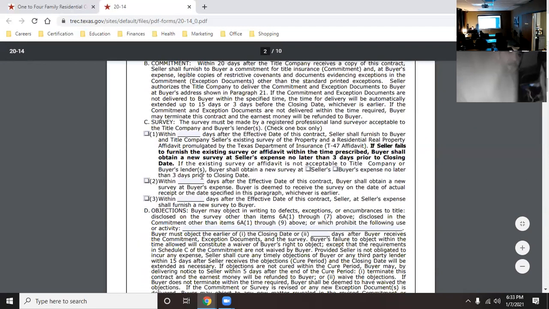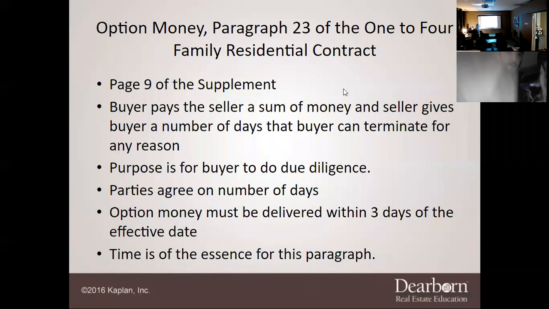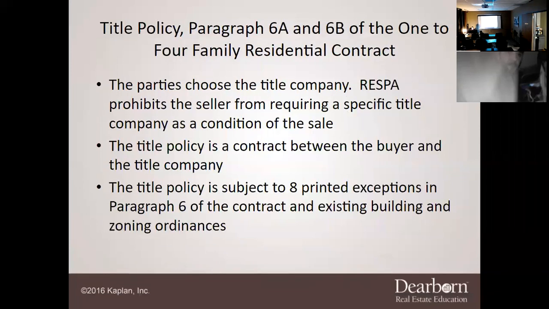Now, I want to make certain that I don't get too far ahead. Yeah, 6A and B, so I'm going to stop there.